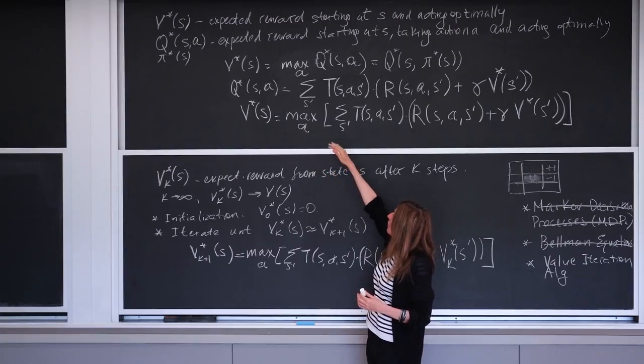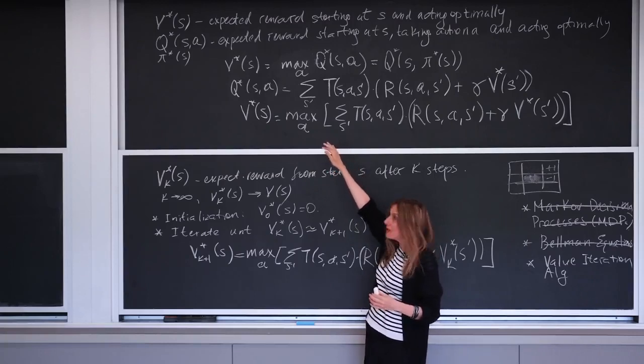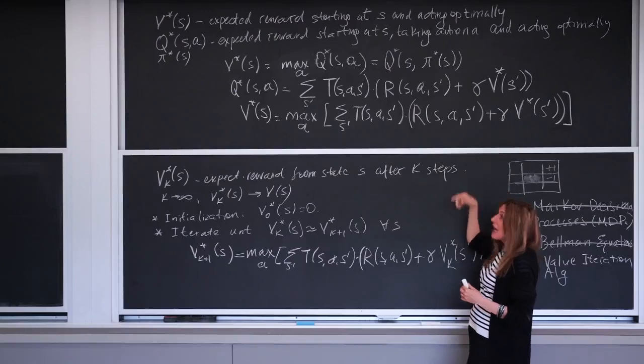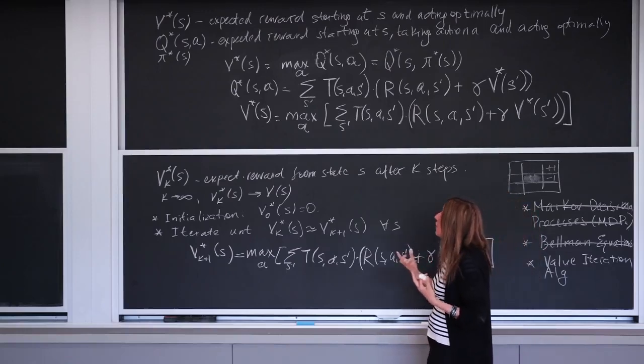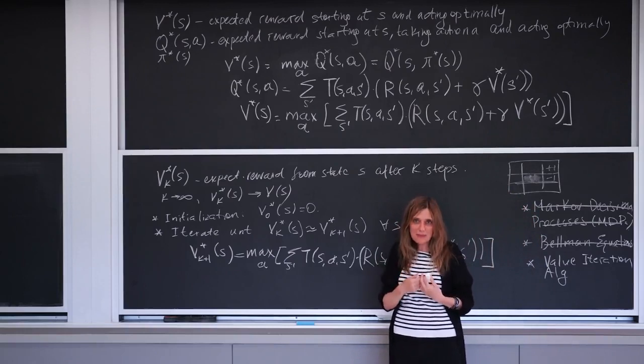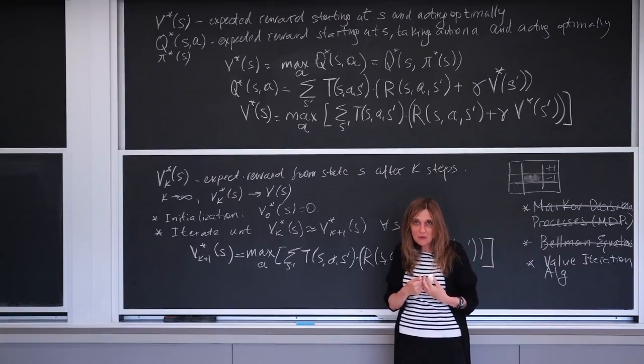Given V's, we can compute the Q's, correct? Because Q's are defined in terms of V. And once we have computed all the Q's, we can, for every state, find the best possible action. That's what we will do.